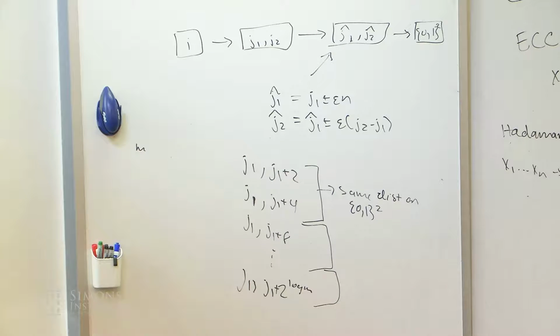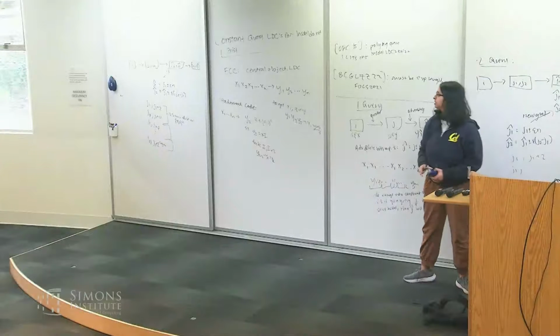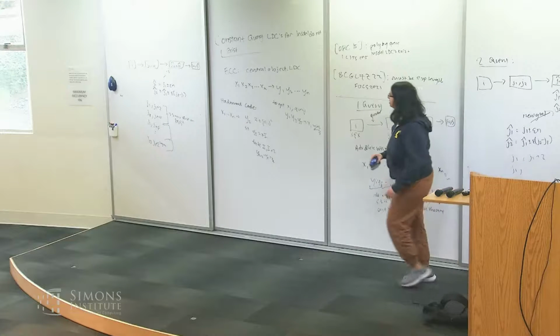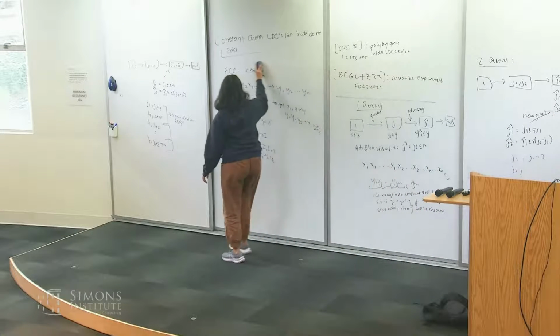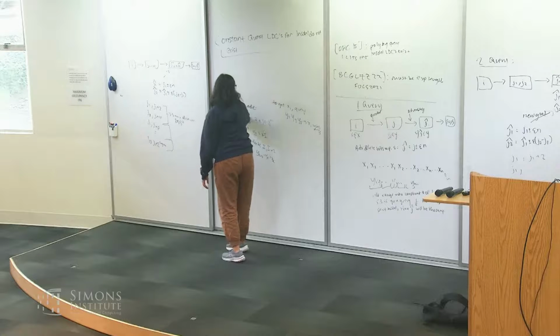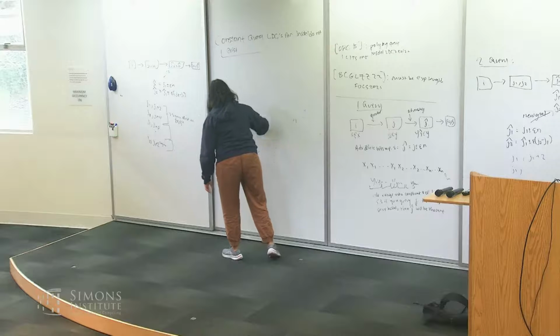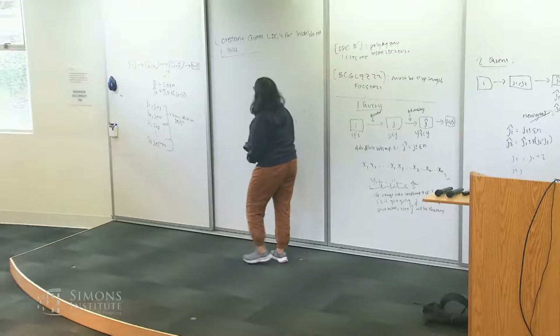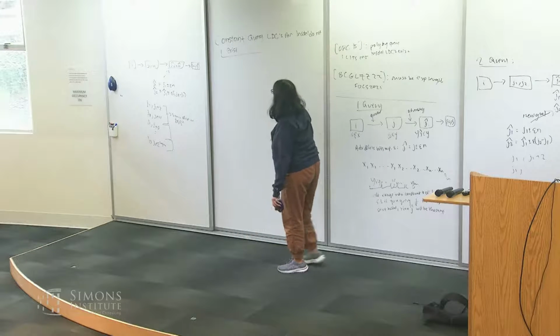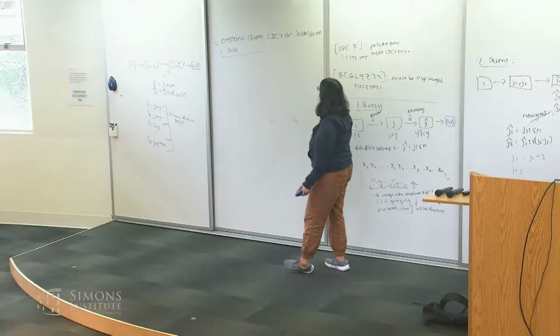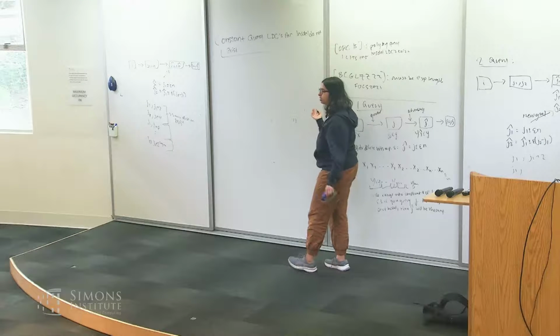Okay, let me see how much time I have left. Okay, I think this is probably a good time to talk about concluding remarks, and open questions that remain in this area. So the main theorem that we stated for this talk was that constant query locally decodable codes for insertions and deletions do not exist, right?